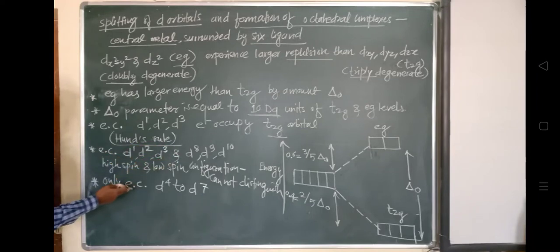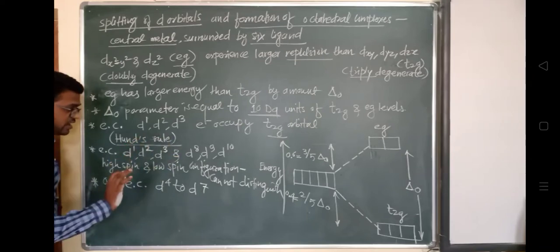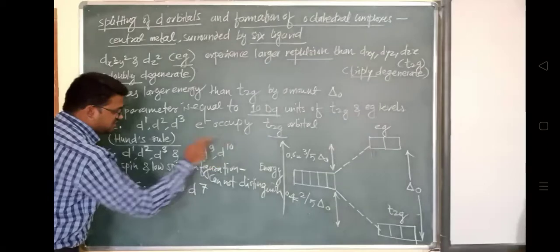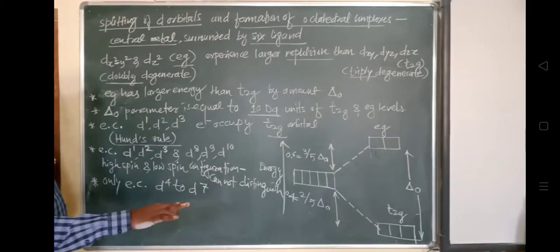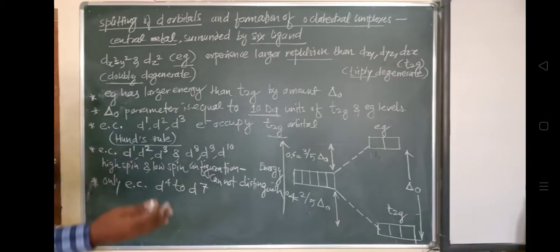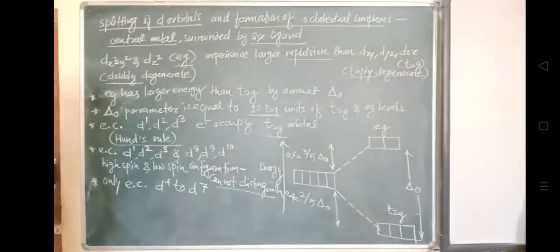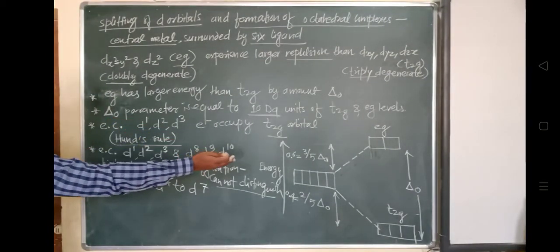See, here we wrote 1, 2, 3, and did not write 4, 5, 6, 7 afterwards. The reason being that for d1, d2, d3, d8, d9 and d10 orbitals, the high spin and low spin configurations cannot be distinguished. Why we cannot will be clear from the example when we draw this diagram.